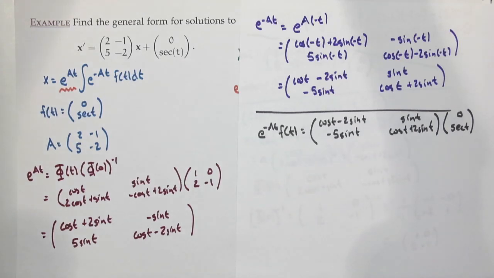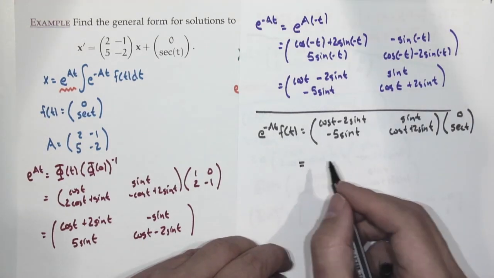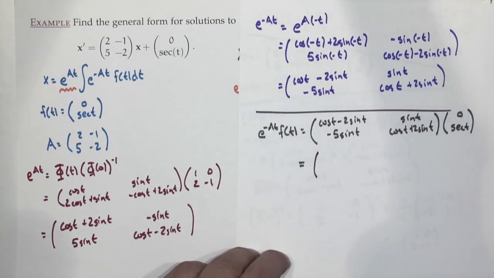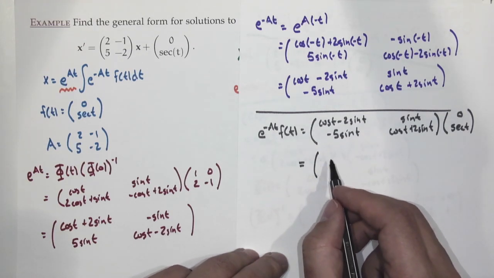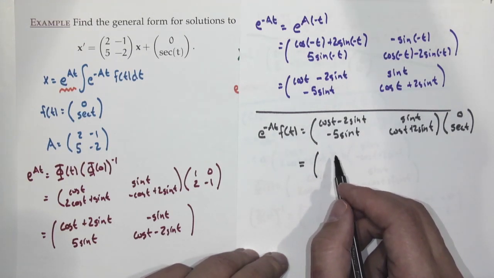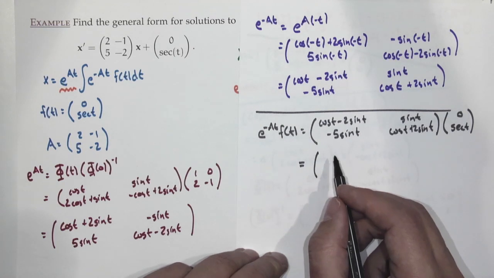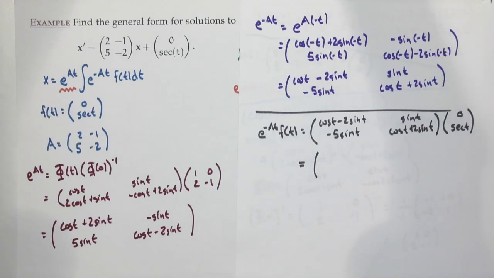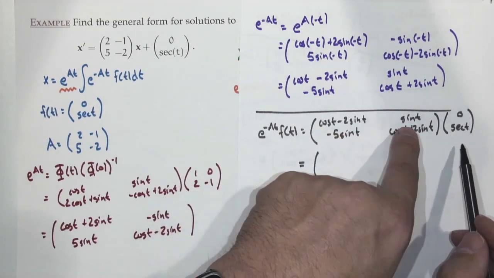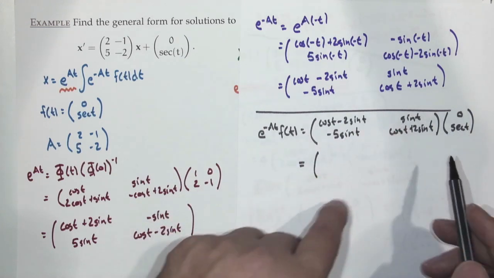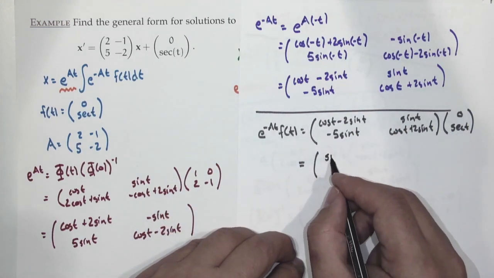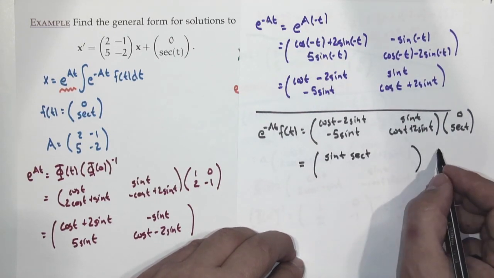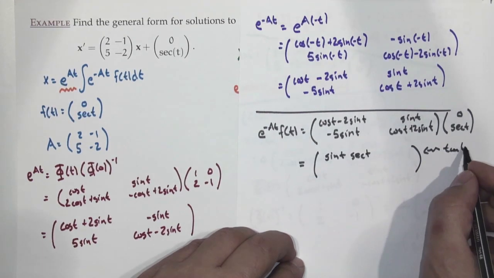Okay, well, what do we get? We get, in the top entry, the first entry, sine times secant, and people were quick to jump to it, hey, that is really tangent.